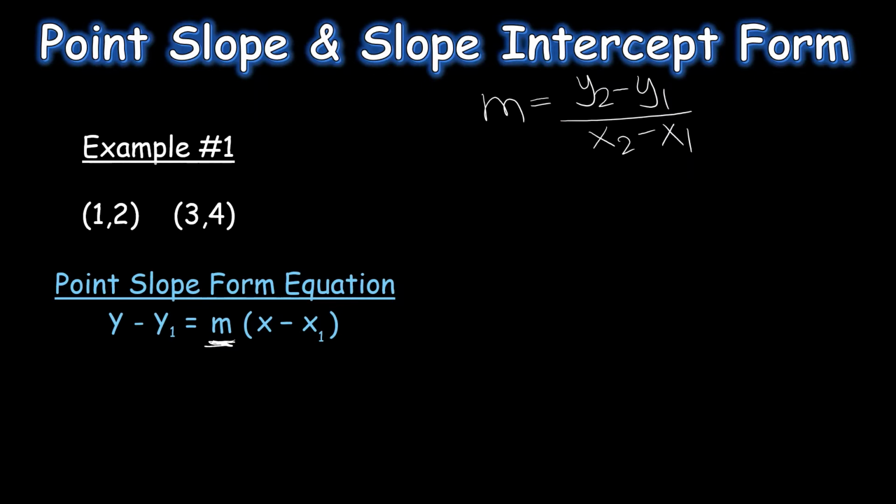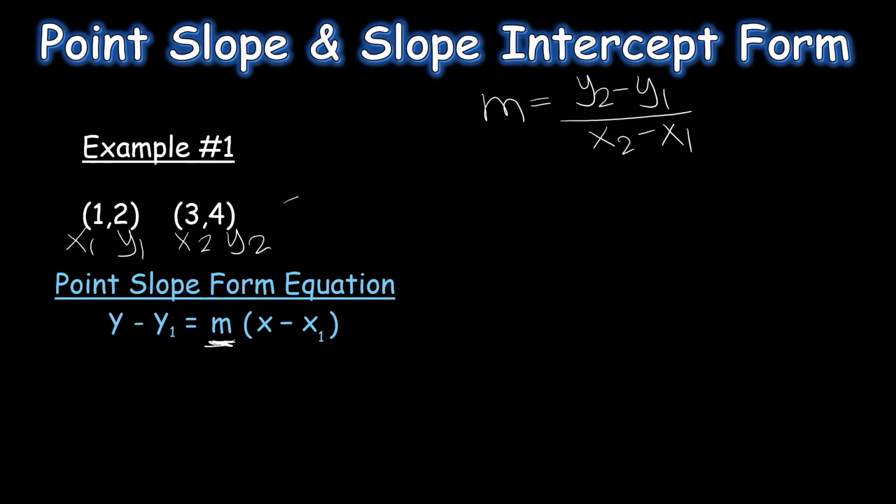So 1, over here on our left side, is our first x value, so that can be labeled as x1. 2 is our first y value, so that will be y1. 3 is our second x value, so that will be x2. And 4 is our second y value, so that will be y2.